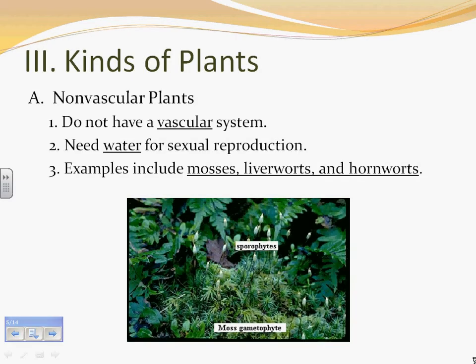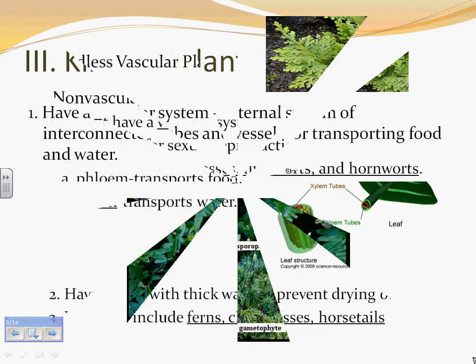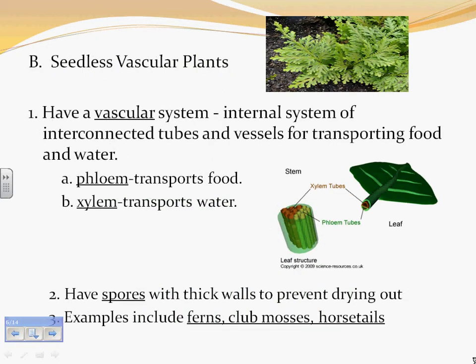Kinds of plants. The first kind of plant is a non-vascular plant. Non-vascular plants do not have a vascular system. They need water for sexual reproduction, and examples include mosses, liverworts, and hornworts. Another kind of plant is seedless vascular plants.